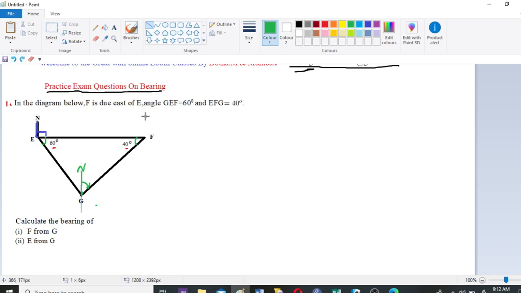This is a north line at F. Remember what I said: we are told F is due east of E. That means here we have 90 degrees as well.